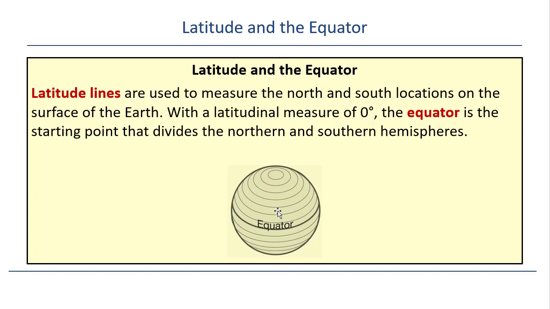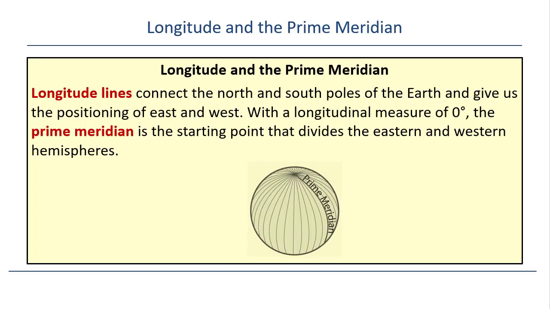Here is the picture. Latitude, you can see they're all concentric circles. They're all parallel. They never touch. But longitude, see how they all meet at the North Pole, and they also meet down here at the South Pole, and you can kind of see they're wider at the equator, and they get closer and closer together as you go north and south of the equator.